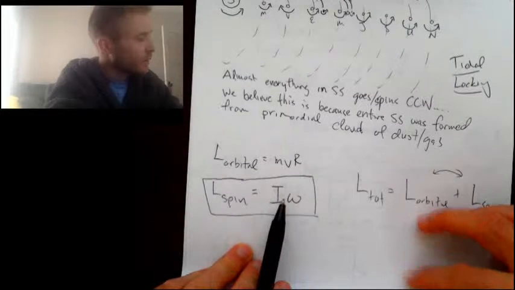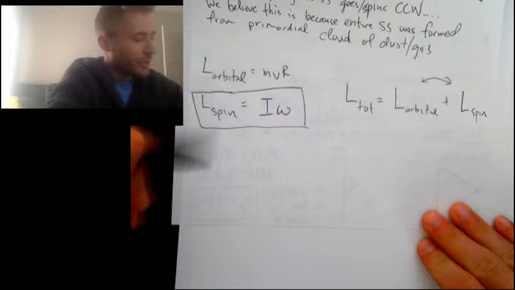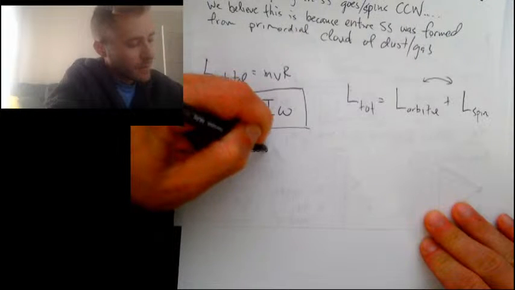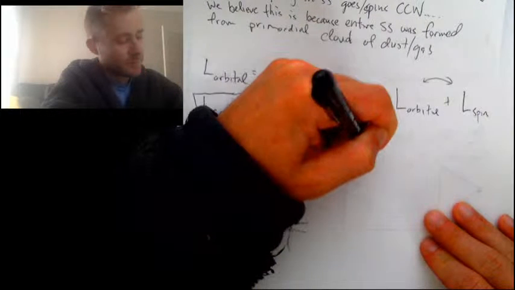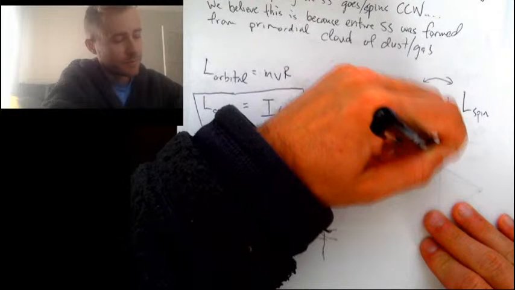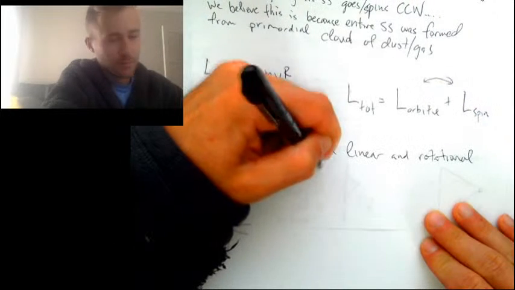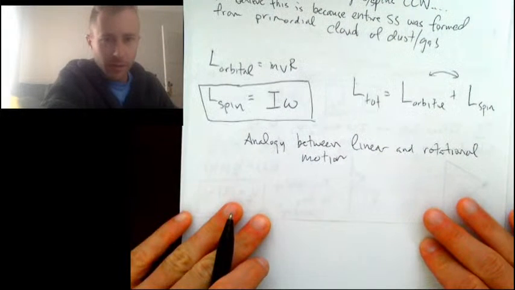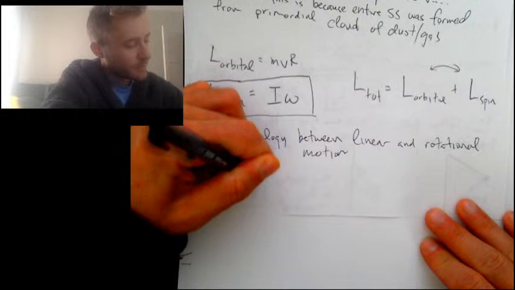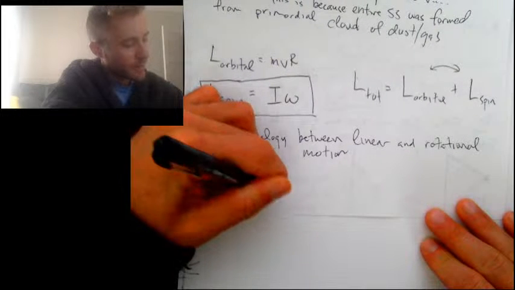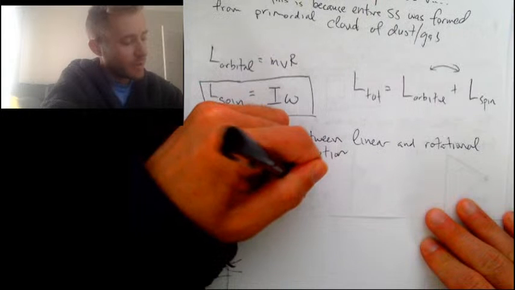The last thing I wanted to talk about is the analogy between linear and rotational motion. Okay, so you might recall that linear momentum is p equals mv.